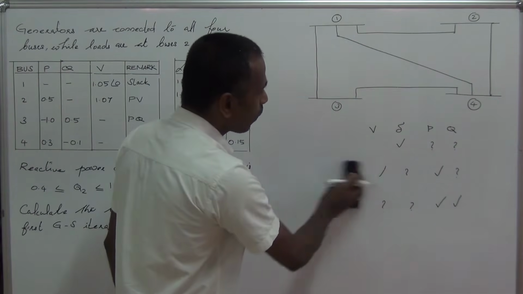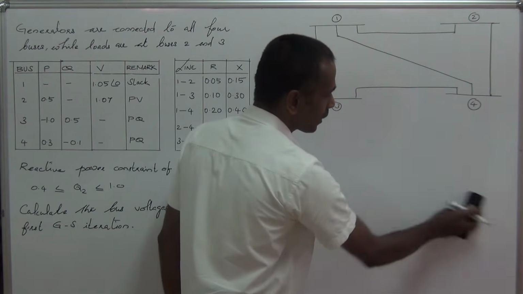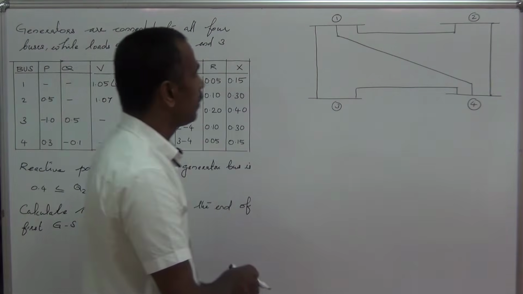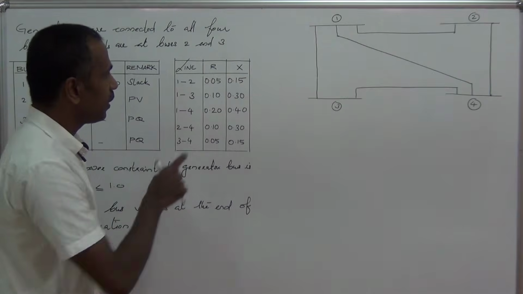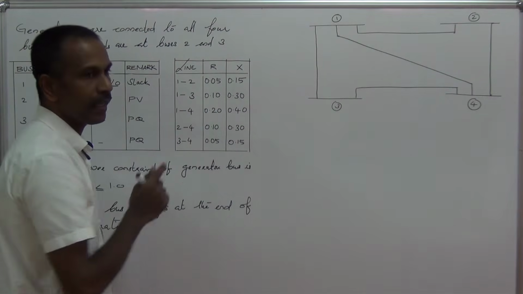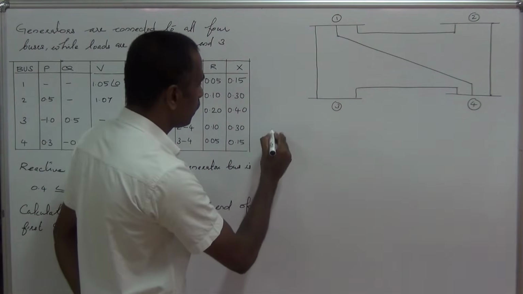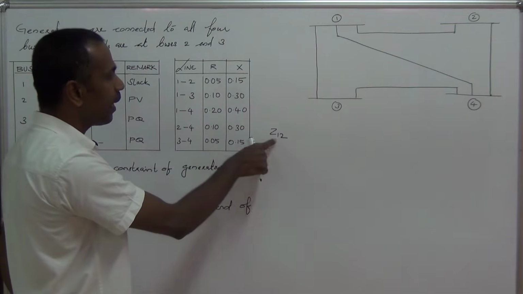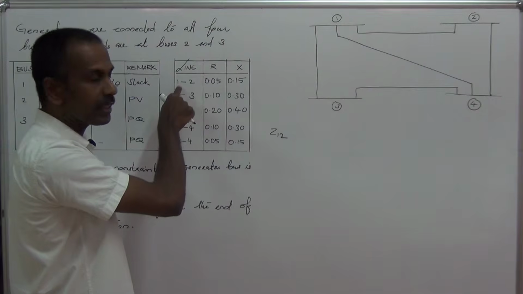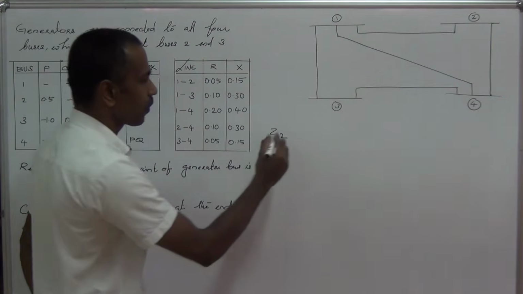Let us first find out the bus admittance matrix. The transmission line impedances are given in the problem. This is the resistance, this is the reactance. What is Z12? It is the impedance of the line connecting buses 1 and 2.